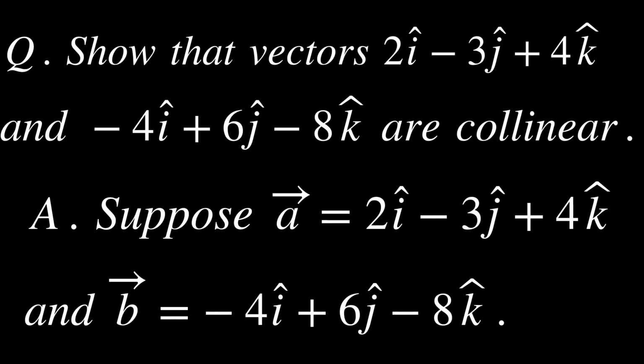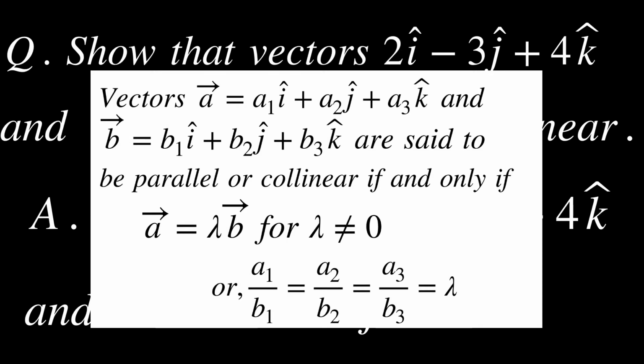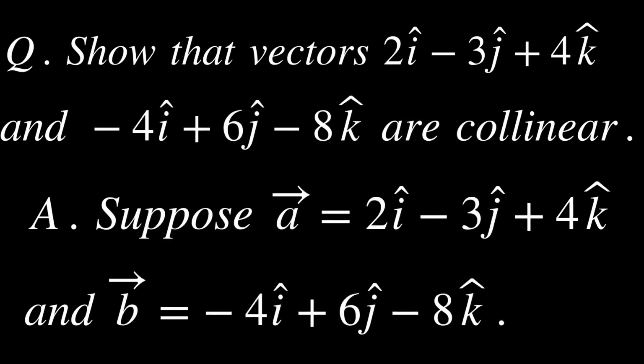Now the question is how to prove two vectors are collinear. One easy method is that if we are able to express one vector as a scalar multiple of the other vector, then we can say both the vectors are collinear. So in this question they are given two vectors. We can denote vector A as 2i minus 3j plus 4k and vector B as minus 4i plus 6j minus 8k.